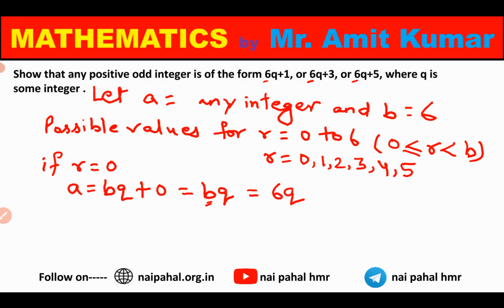Then in the next step, if r is equal to 1, then in this process of Euclid division algorithm or lemma, bq plus 1, we get 6q plus 1. And if we take r is equal to 2.